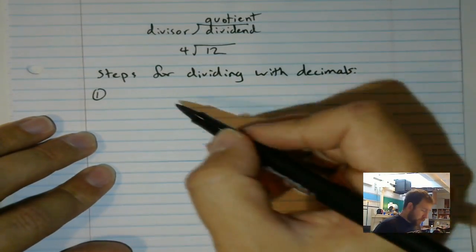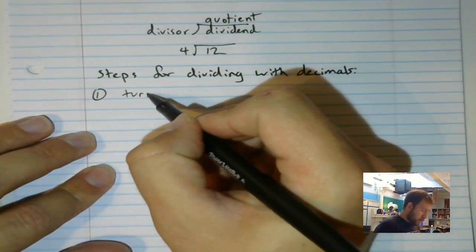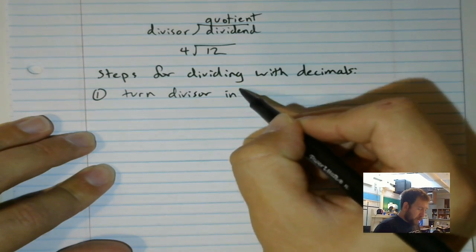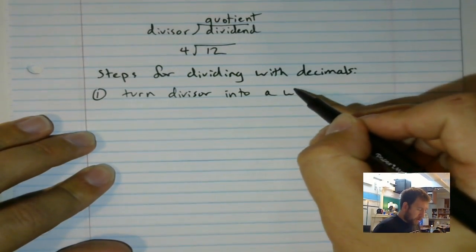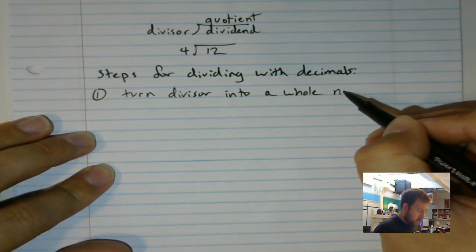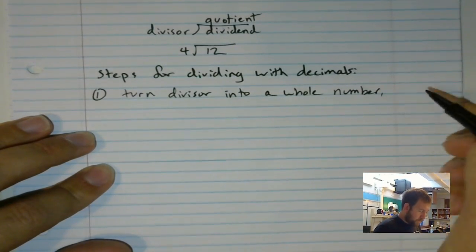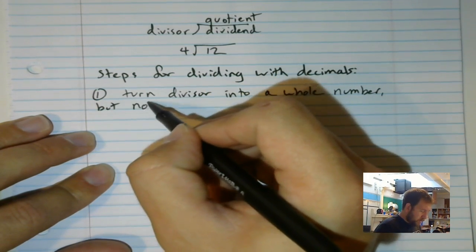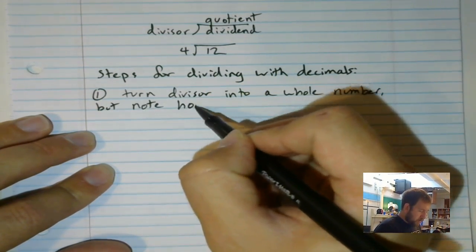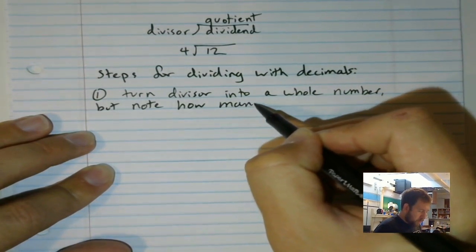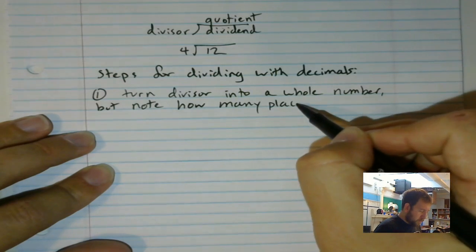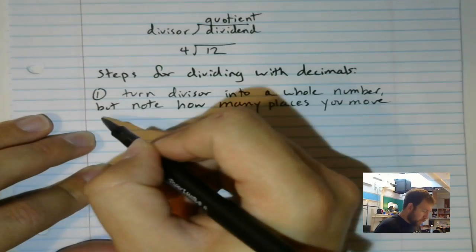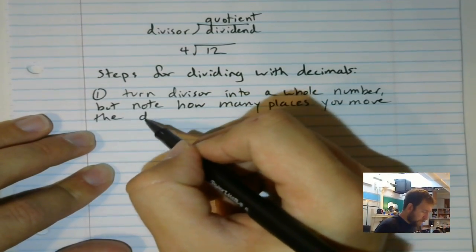So we're going to turn the divisor into a whole number, but note how many places you move the decimal point.